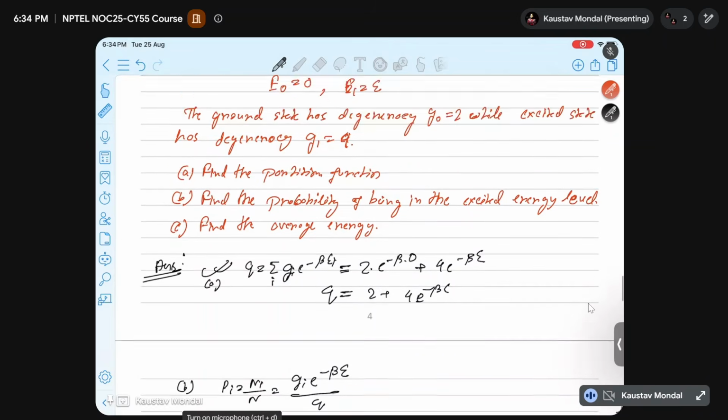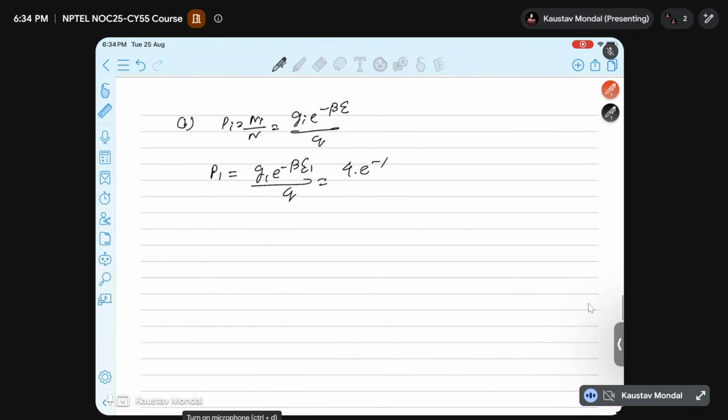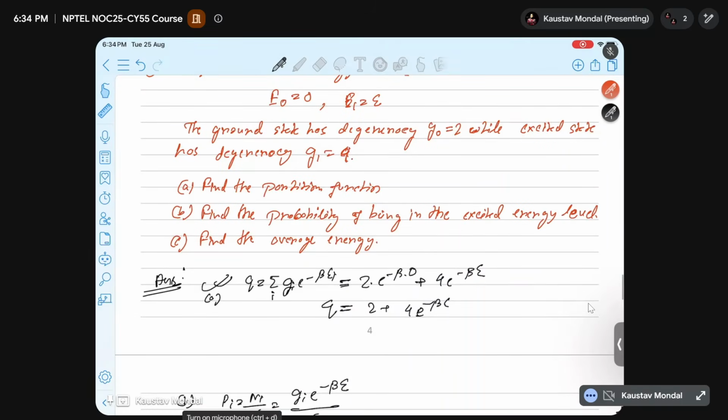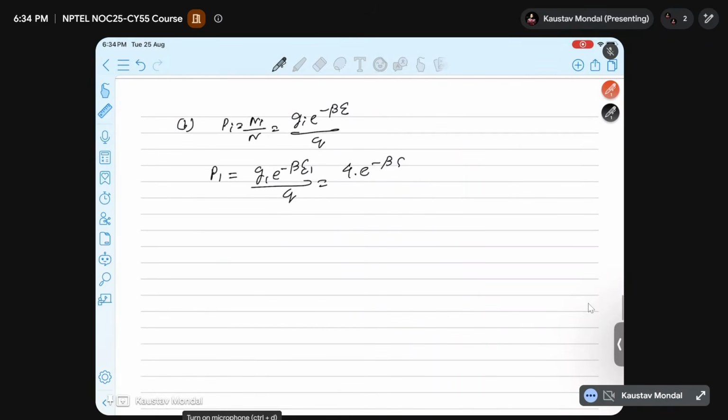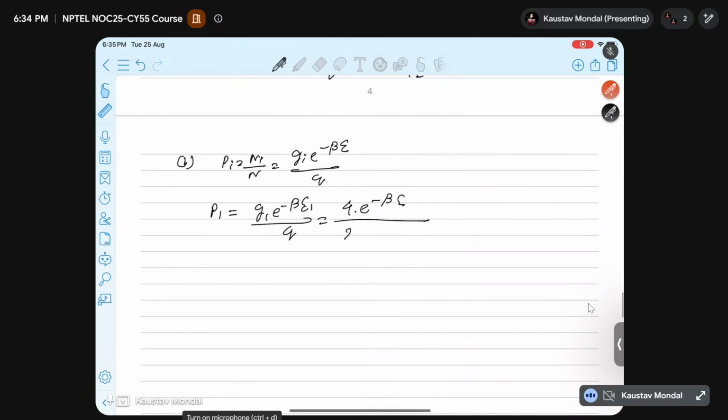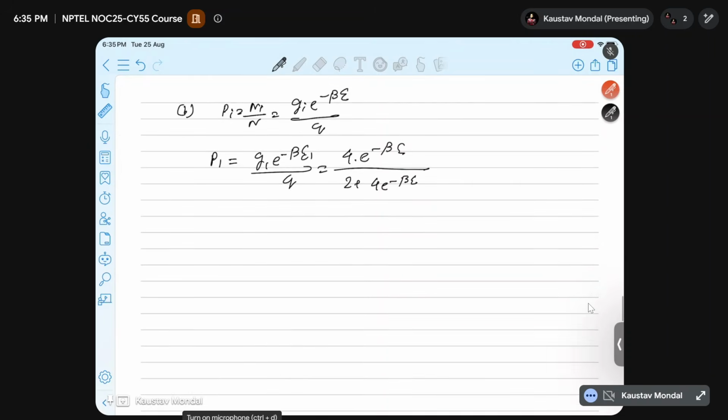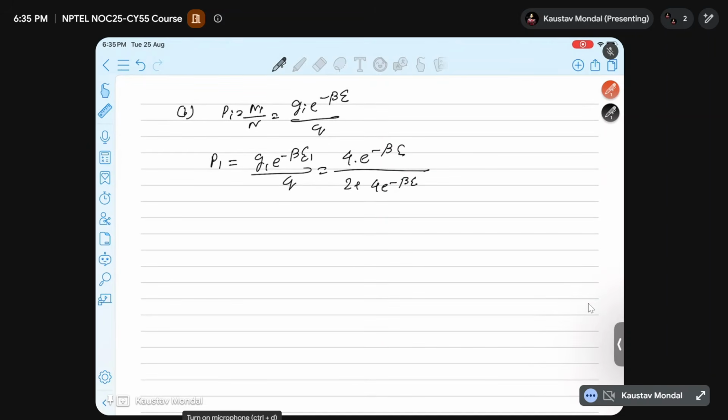Yes, a 4-degenerate excited state, 4 into e to the power minus beta epsilon, where the energy of that particular level is epsilon, divided by Q. Q is nothing but 2 plus 4 into e to the power minus beta epsilon. Writing it like this, we can cancel 2 from numerator and denominator, giving 2 e to the power minus beta epsilon divided by 1 plus 2 e to the power minus beta epsilon.